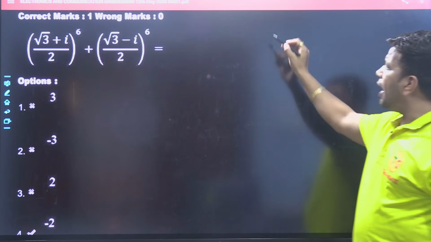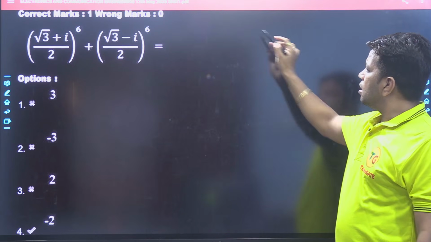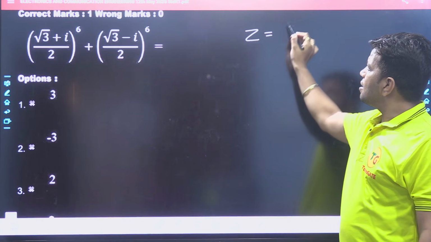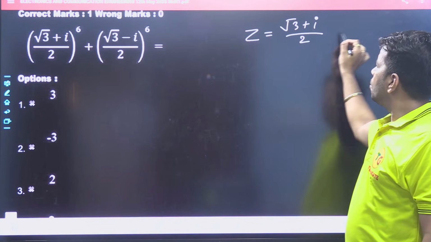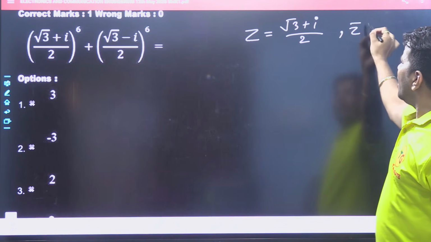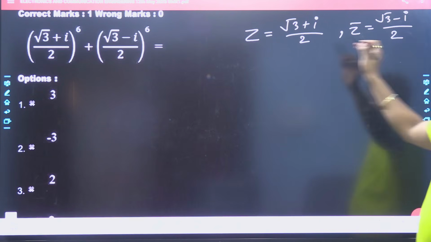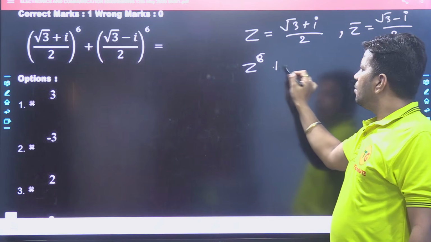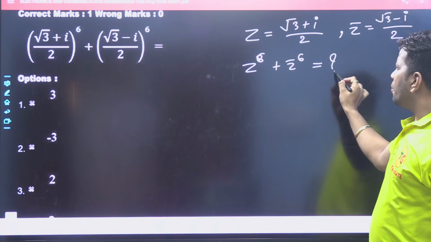So let us assume that z is square root 3 plus i by 2 and suppose z bar is square root 3 minus i by 2. So that expression becomes z raised to 6 plus z bar raised to 6, and we need to compute this value.